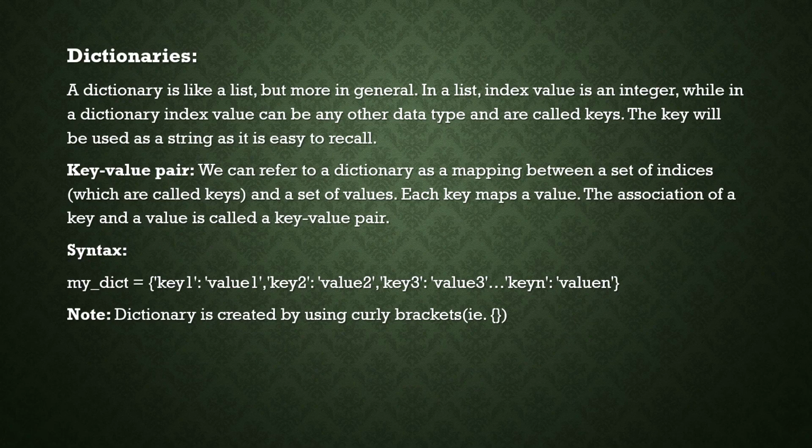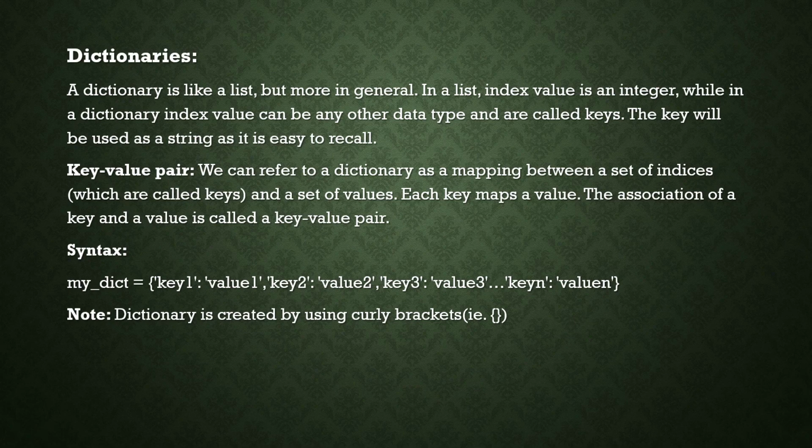Next, key-value pair in dictionaries. We can refer to a dictionary as a mapping between a set of indices, which are called keys, and a set of values. Each key maps a value.